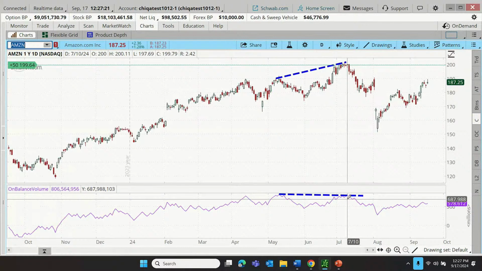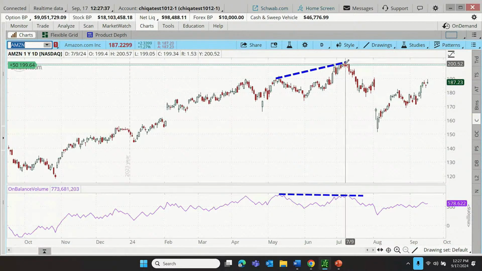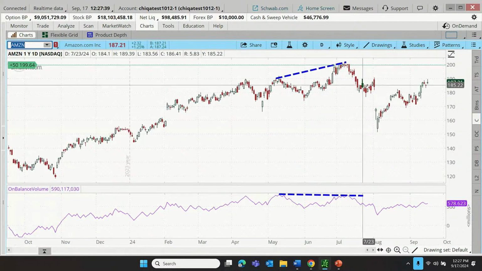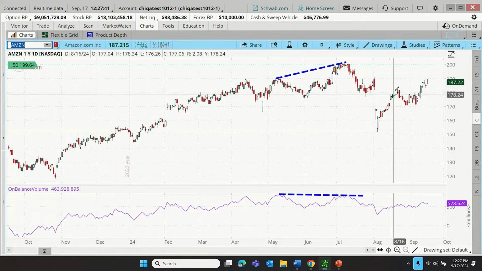Not as much buying volume in July compared to the selling volume as we were maybe enjoying back in May. So for our on-balance volume trader, they might say, hold on, pump the brakes. There may be something afoot here. Might be a trend shift underway. And in this case, that's just what played out. All right? So 2 potential ways that a trader might identify trend reversals.